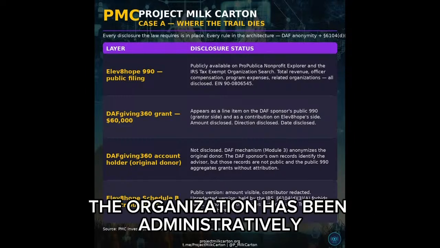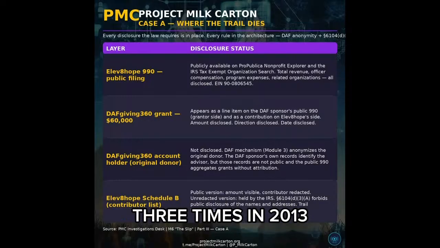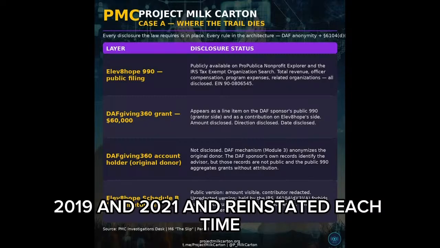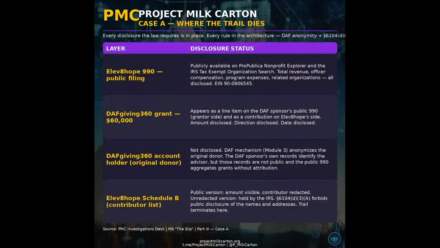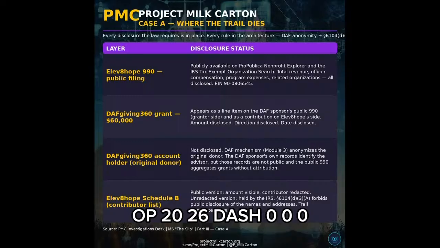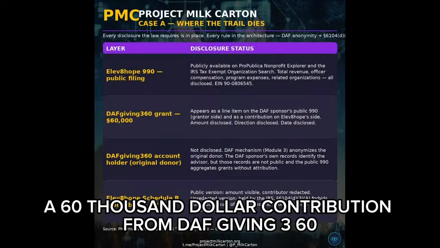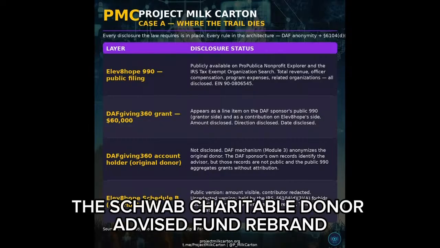The organization has been administratively dissolved by the Florida Secretary of State 3 times, in 2013, 2019, and 2021, and reinstated each time. Among the identified funding sources, PMC Financial Forensics under Investigation OP 2026-0009 traced a $60,000 contribution from DAF Giving 360, the Schwab Charitable Donor Advised Fund rebrand.